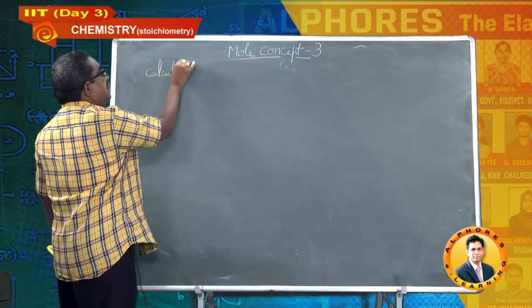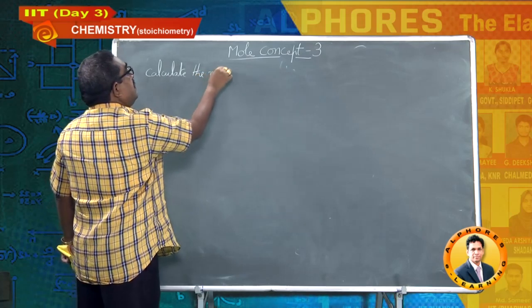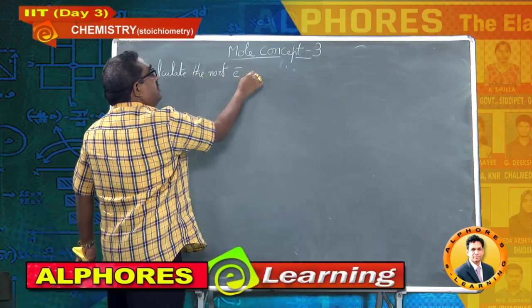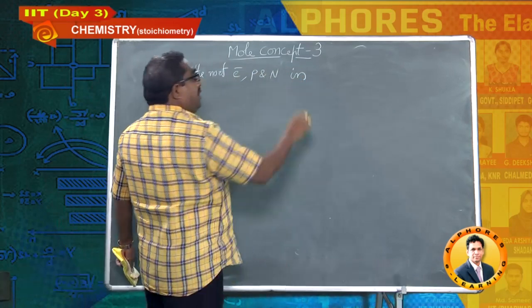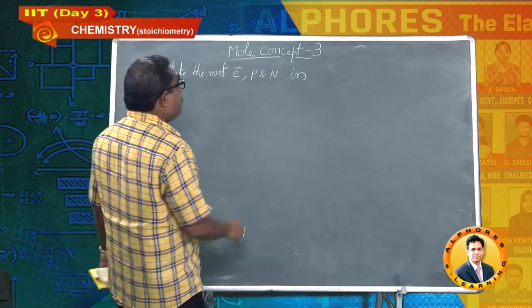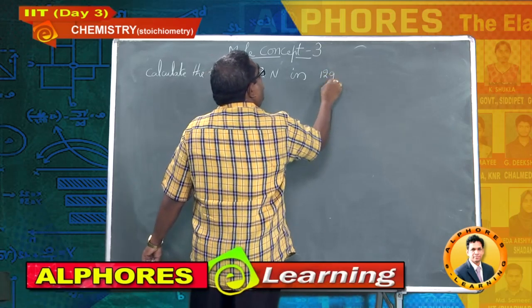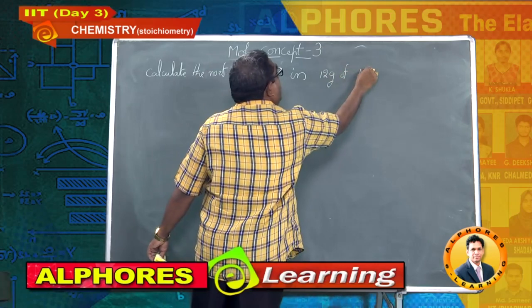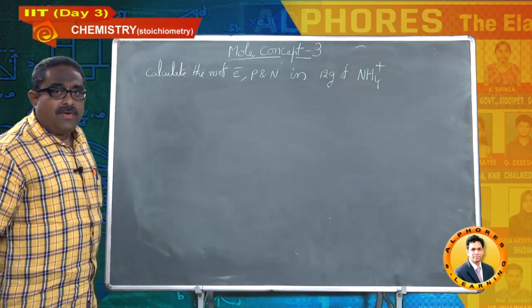Calculate the number of, again, electrons, protons and neutrons present in 12 grams of a sample of ammonium, a cation.